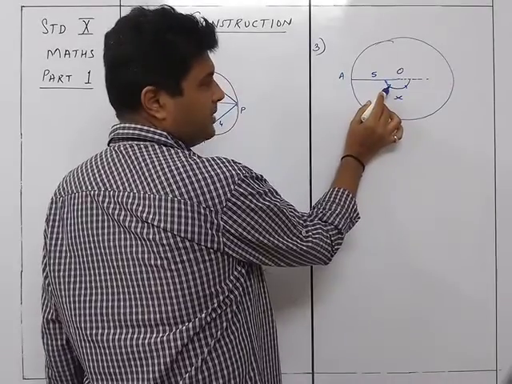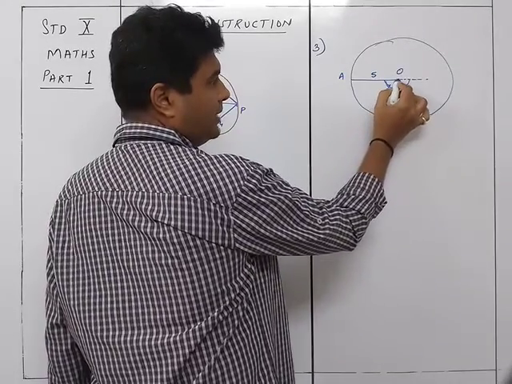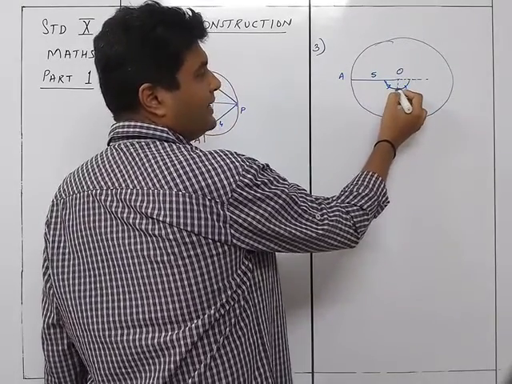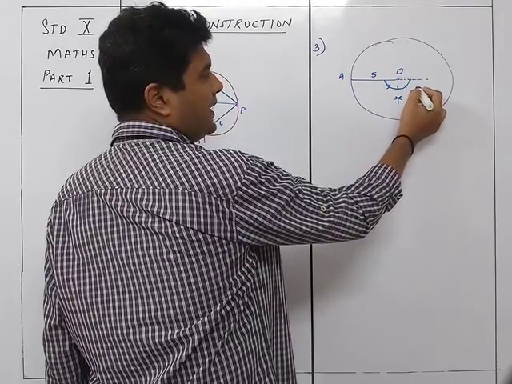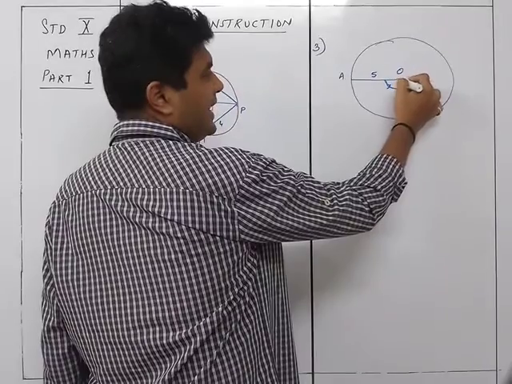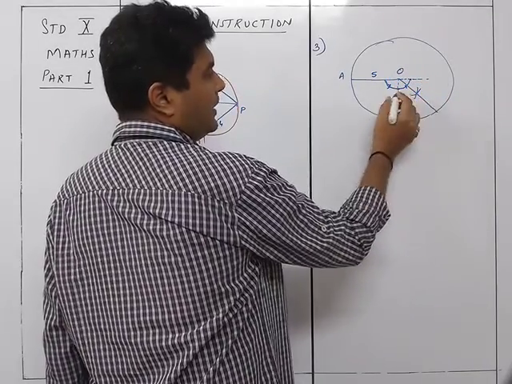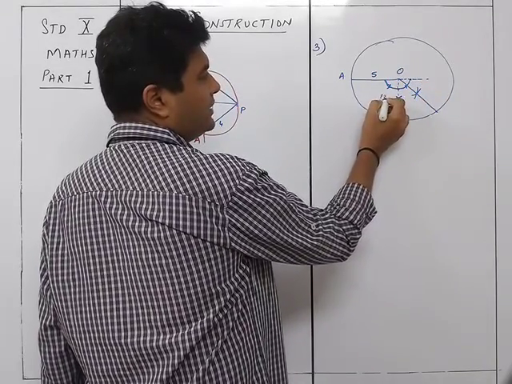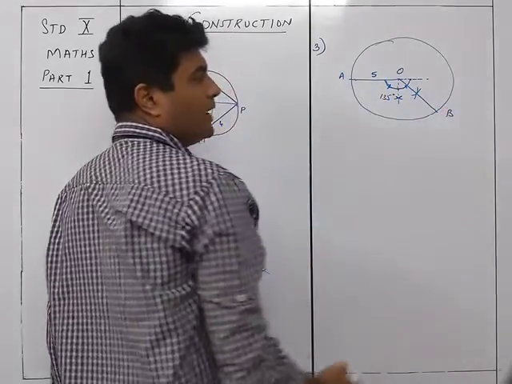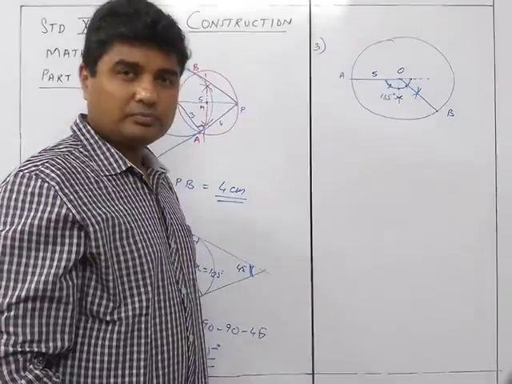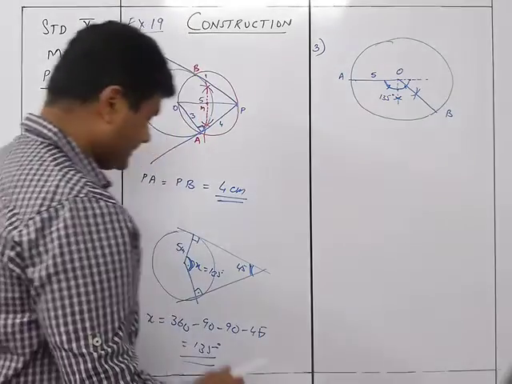This is 60 mark, this is 120 mark, this is 90 mark. And then between 90 and 180 will be the arcs over here like this, such that this angle over here will be 135. So this gives you 135 degrees. Okay, this angle OAB is 135 degrees. Got it? So this is what we did.